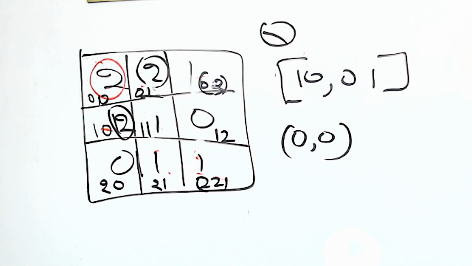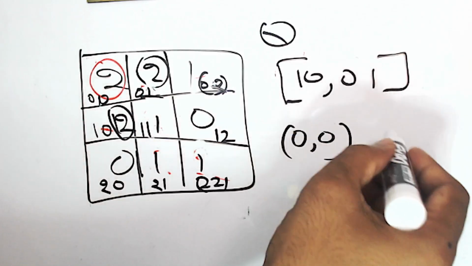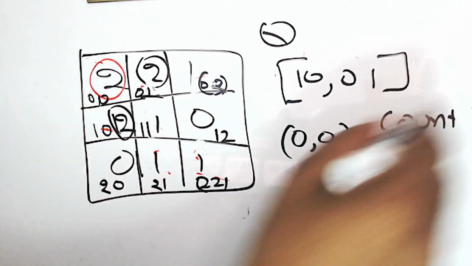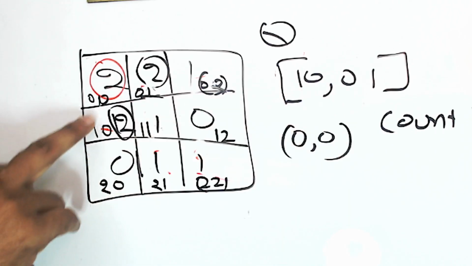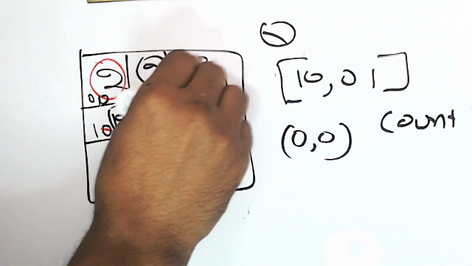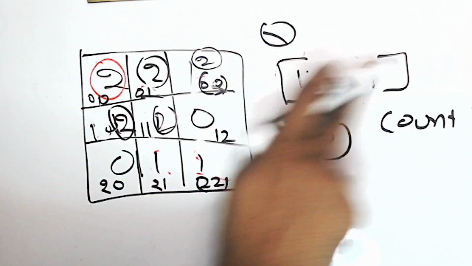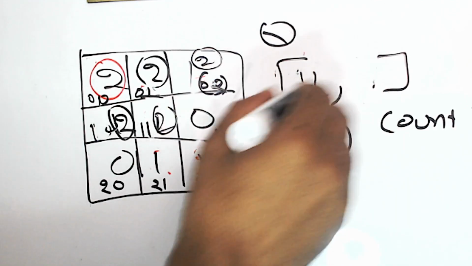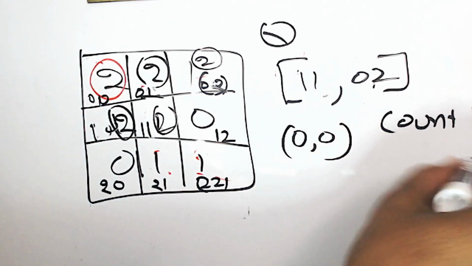In the second iteration, simultaneously I keep track of the count. The count now becomes 1. Then next time I process these 2 nodes, convert their fresh neighbors to 2, and push those indexes to the queue. Our count becomes 2.